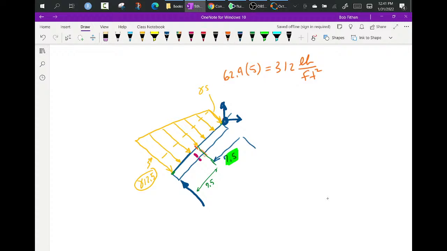Now I do have a total of 12.5, but you could think of it like this. You have two pressures over here, one linearly varying and one that's uniform. So here's your uniform one. There's your linearly varying one. So what is this? This is 5 times gamma. Well, the total has to be 12.5 times gamma. So guess what?